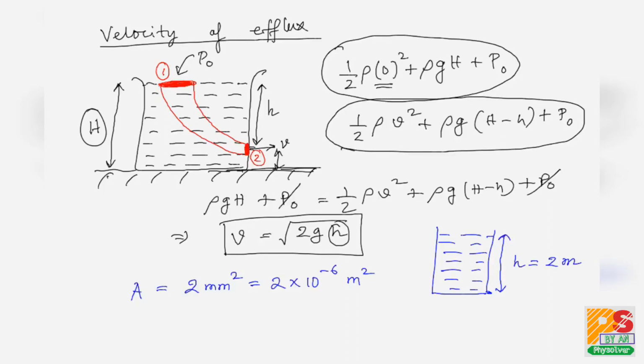Therefore, I can say that the velocity of liquid emerging from here is nothing but root over 2gh. Let us first put the values. 2 into g is 10, h is 2. Now, taking approximation, we can assume that root over of 10 is almost 3. So, that is nothing but almost 6 meters per second.